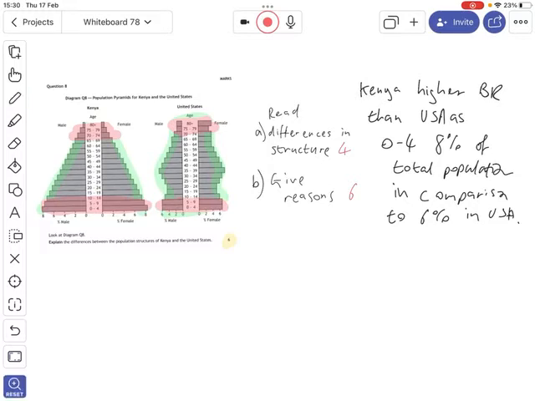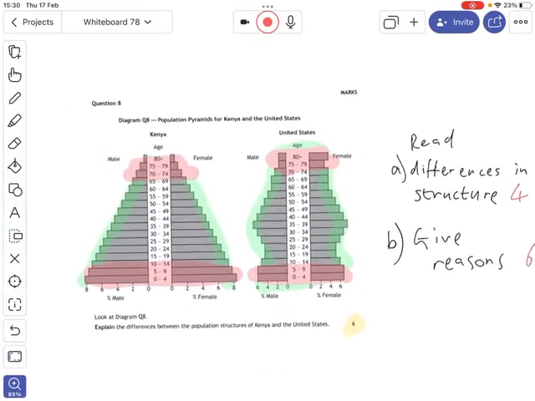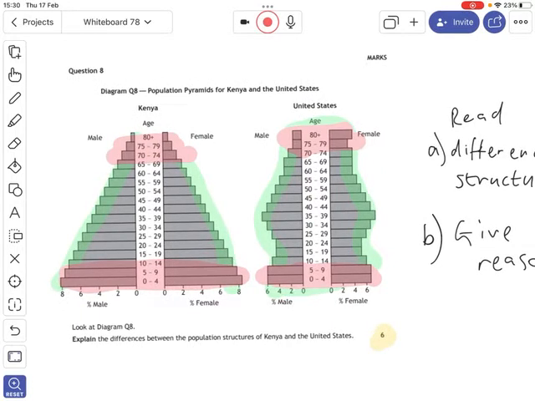In terms of reading the structural differences, you could say that there is a slightly larger working population between the ages of 35 and 39 in the USA. That gives them quite a wide middle section, creating a sort of bullet shape. Kenya has a solid cone shape because there is the largest number of people in the younger, more youthful part of the population in comparison to the USA.